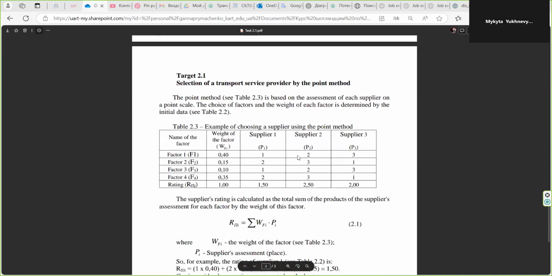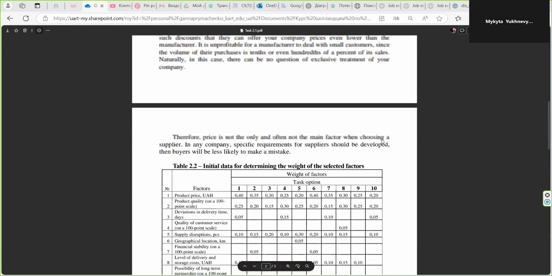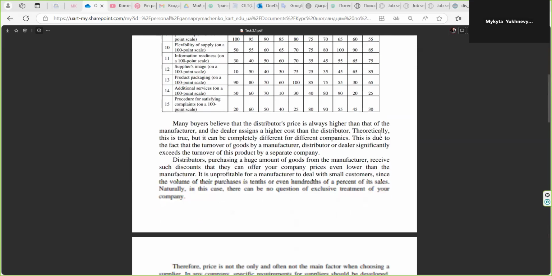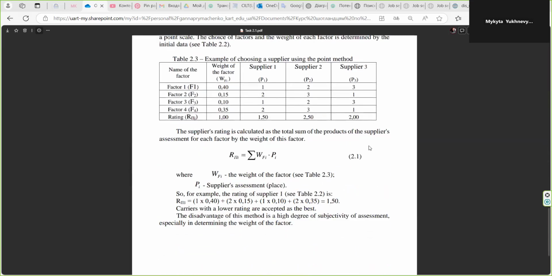The next columns will be 10 columns. Here the example has 3 columns, but we need 10 columns because we have 10 suppliers of the transportation process from 1 to 10. So we need to choose the one best company from these 10 companies. So we need 10 columns. I understand that it is a big table.